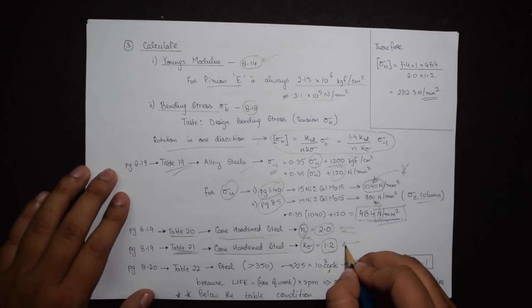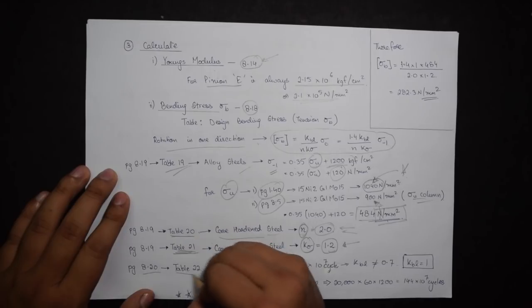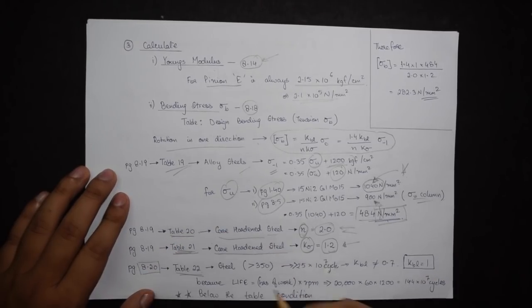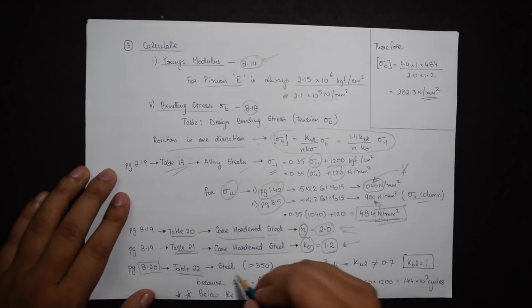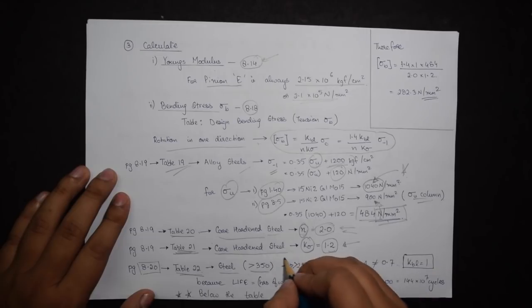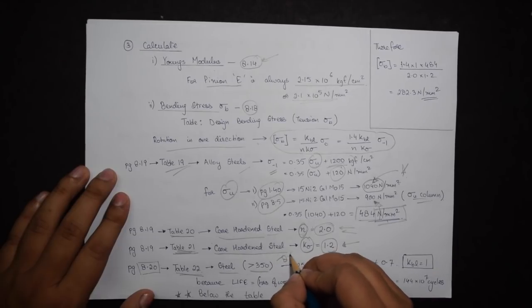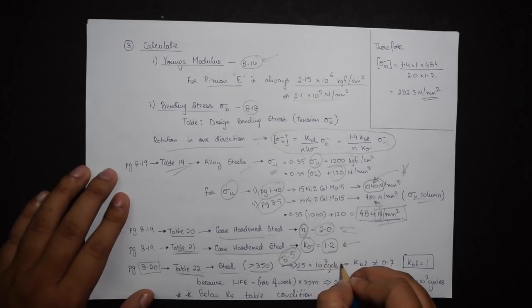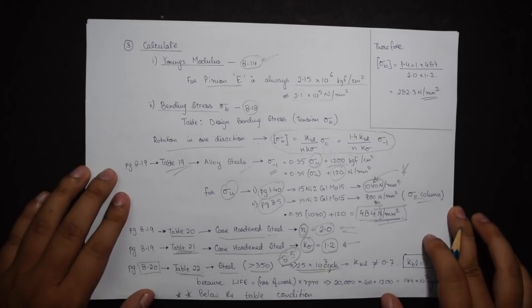Coming to table number 22, which is given on 8.20, we see that the surface hardness of our material is greater than 350 from page number 8.5, which gives us life in number of cycles as either greater than 25 into 10 to the power 7 or less than 25 into 10 to the power 7.